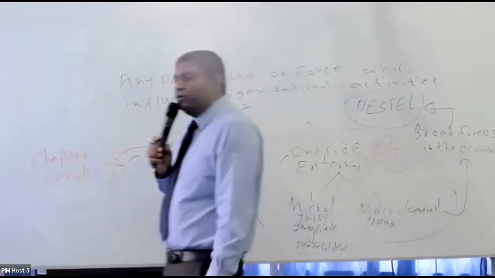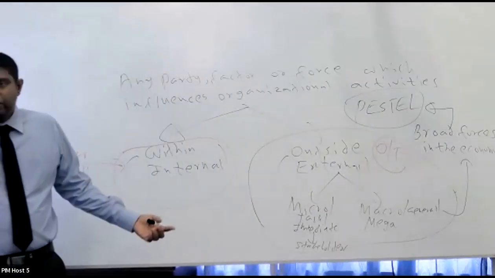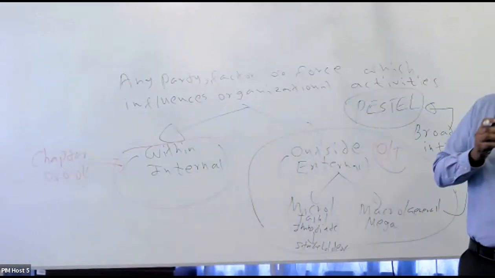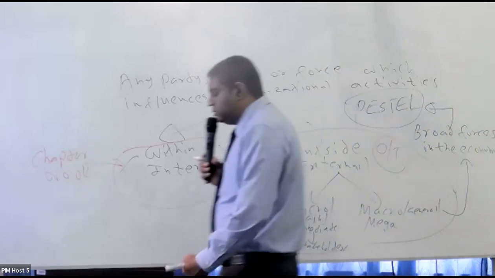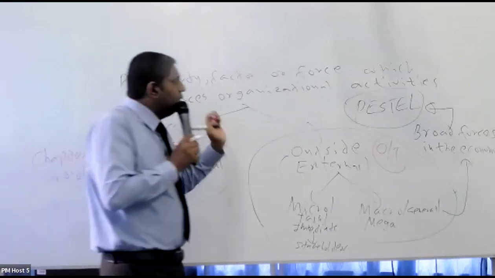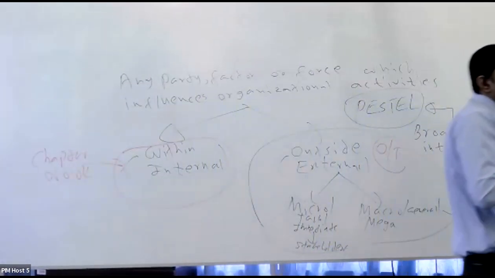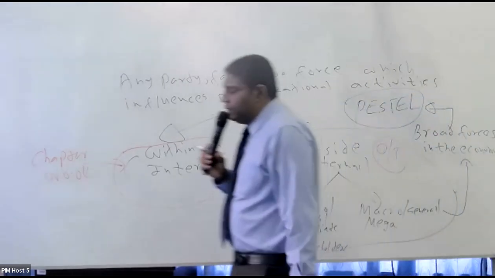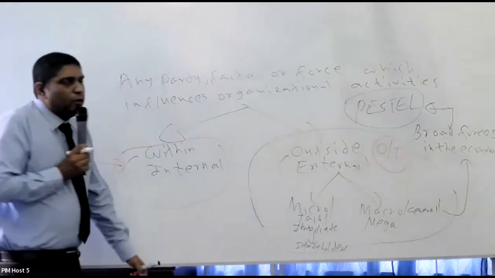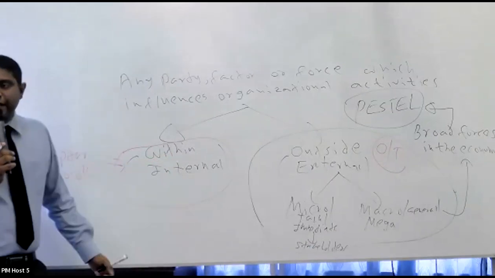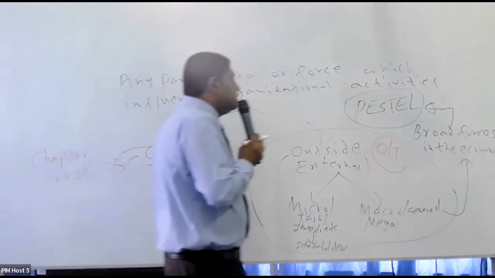Opportunities are favorable factors which will be helpful to achieve our objectives. Threats, on the other hand, are unfavorable factors found outside the organization that act as a barrier to achieving our objectives. In other words, they are harmful to achieving our objectives.